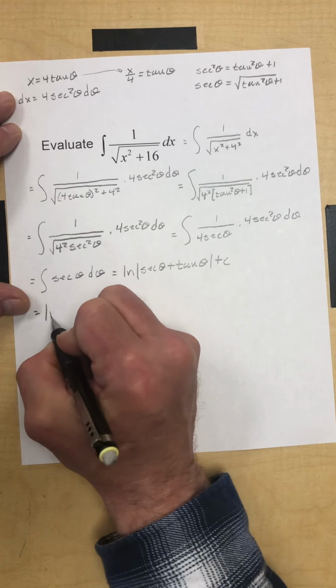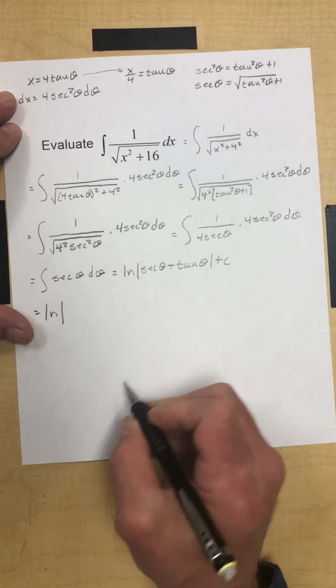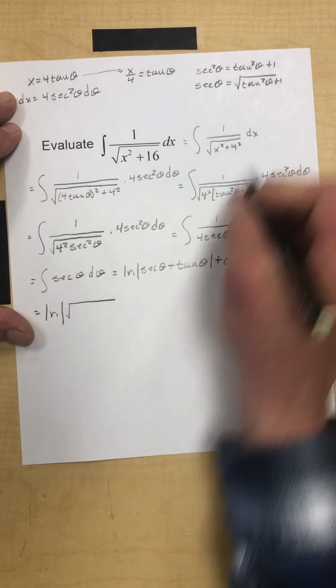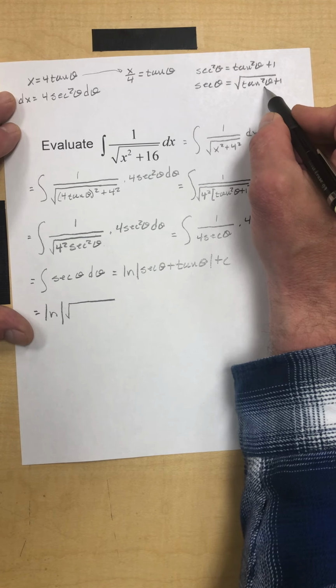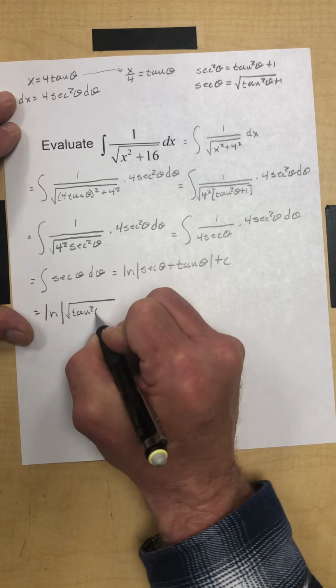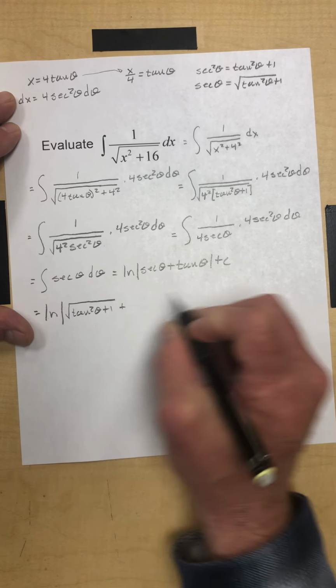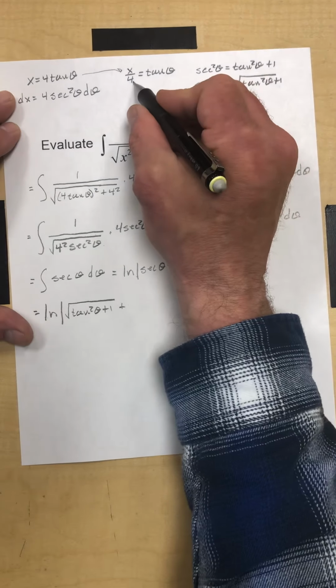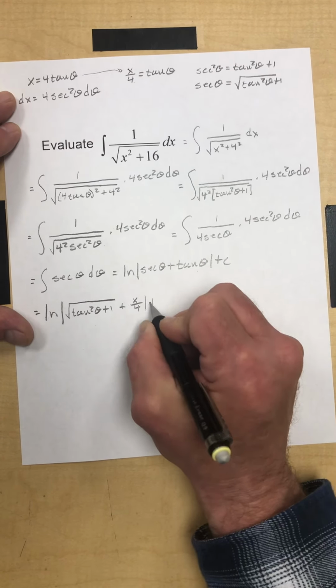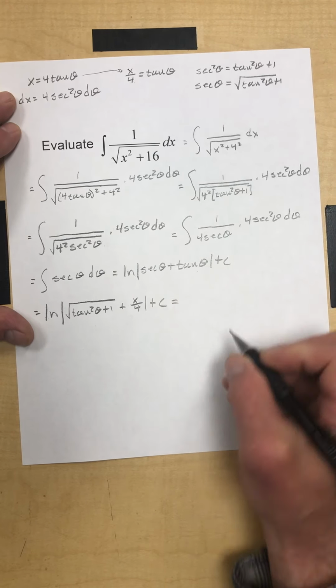Okay, so let's see, natural log of the absolute value. The secant of theta is the square root of tangent squared plus 1. So we'd have the square root of tangent squared theta plus 1, plus tangent of theta, which is x over 4, plus our constant of integration.